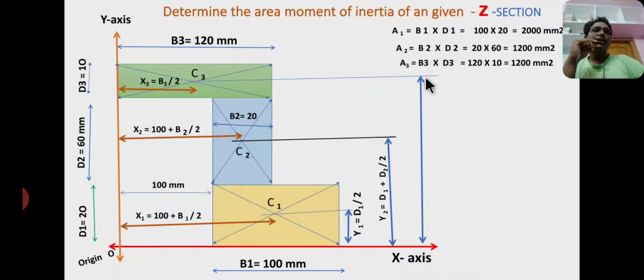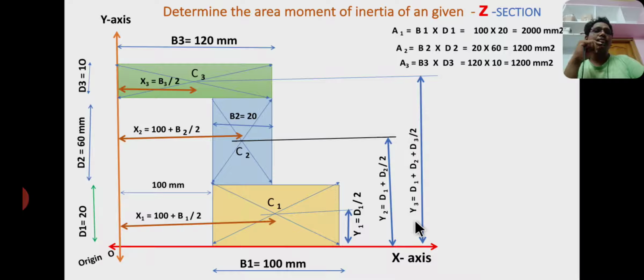Now the vertical distance between x-axis and centroid is called y3. Y3 equal to height of the bottom rectangle plus height of the second rectangle plus half of the height of third rectangle. So from here to here, okay, please listen carefully. From here to here the distance is half of the height, that is d3 by 2, and from here to here height is d2. From here to here height is d1.